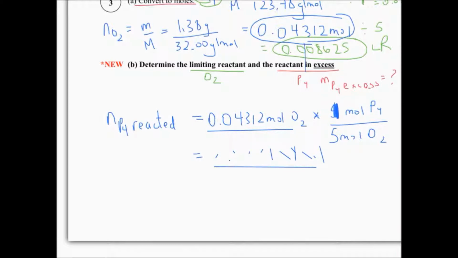So in order for all of this O2 to react, you need this much P4 to react with it. Now to figure out how much is in excess, we take what we start off with, which we call our original, and we subtract what was reacted.